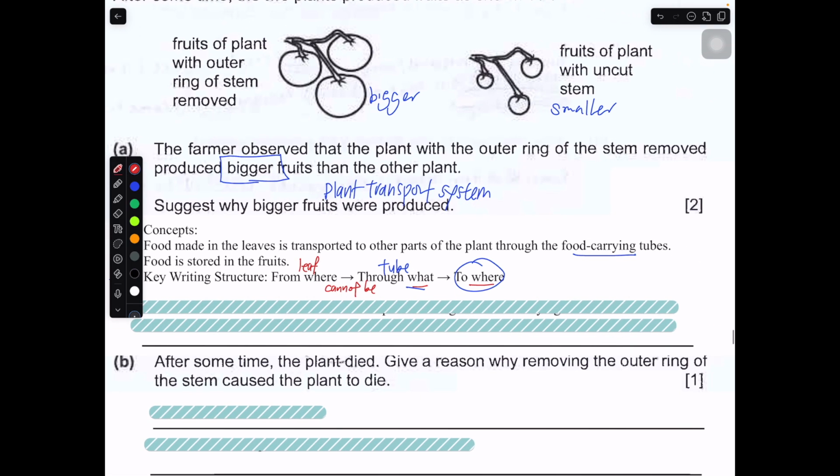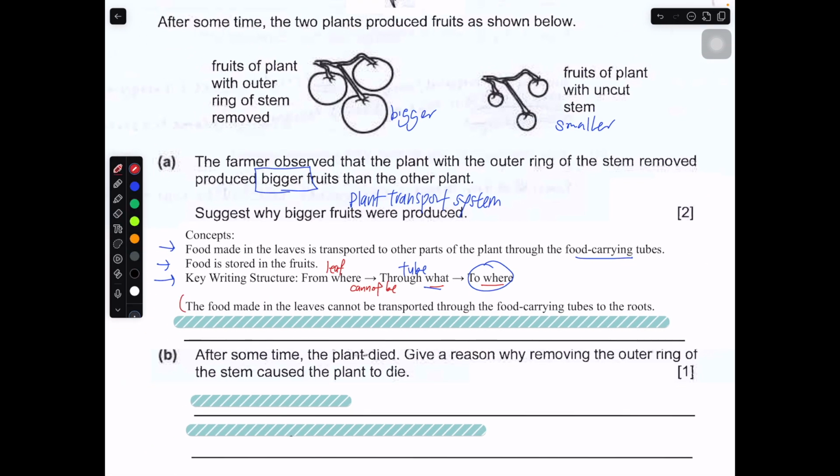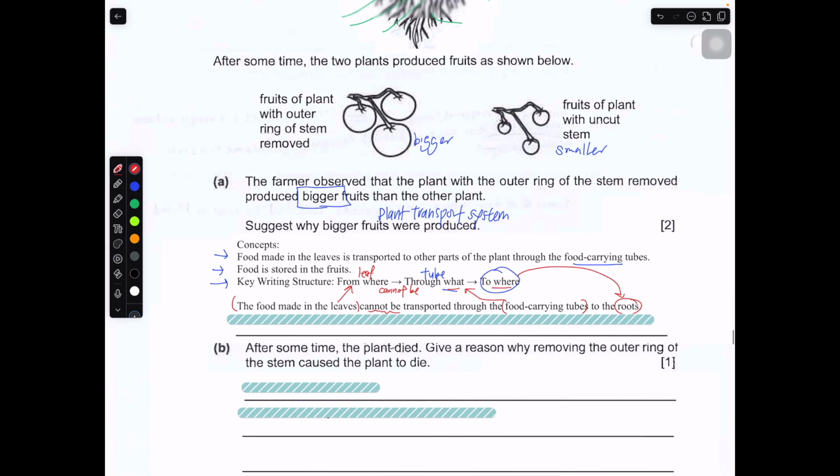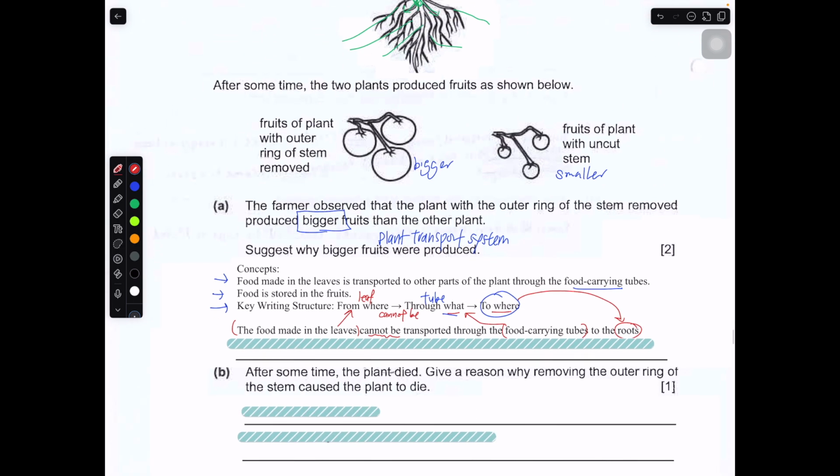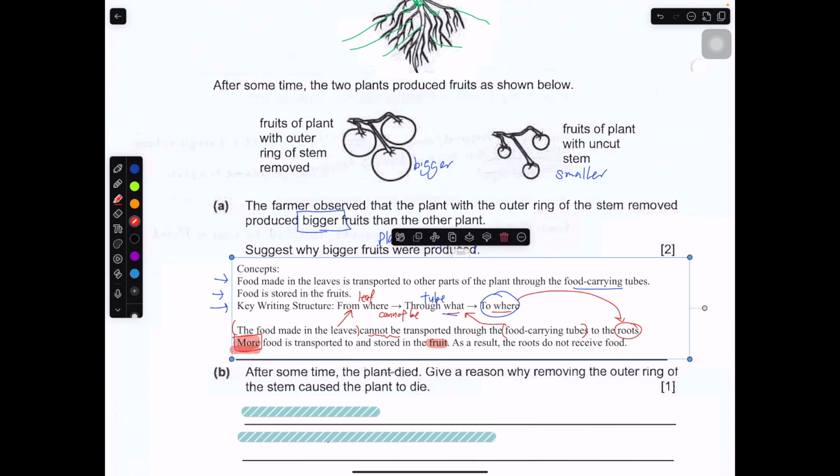This is how I would write it: the food made in the leaf cannot be transported through the food carrying tube to the roots, based on the diagram. So you end up with more food. This part is important, because originally this food would go to the roots, but because it cannot, more of it goes up to the fruits.